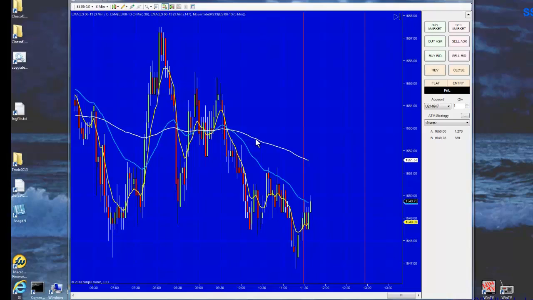Now the indicators that we use are a 110-minute exponential moving average. Because this is a 3-minute bar chart, 110 minutes divided by 3 turns out to be 36. That's actually 108 minutes, but that's okay, close enough.